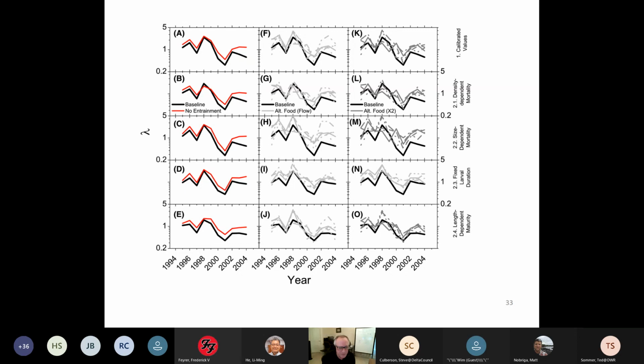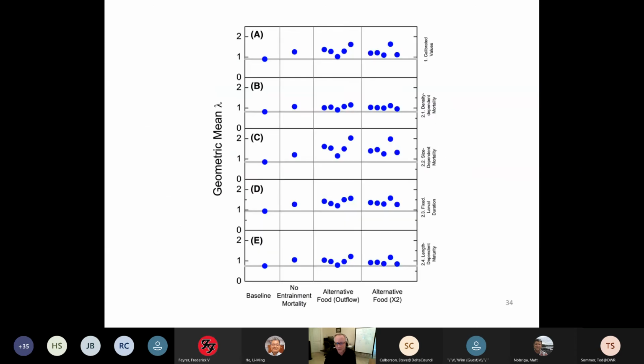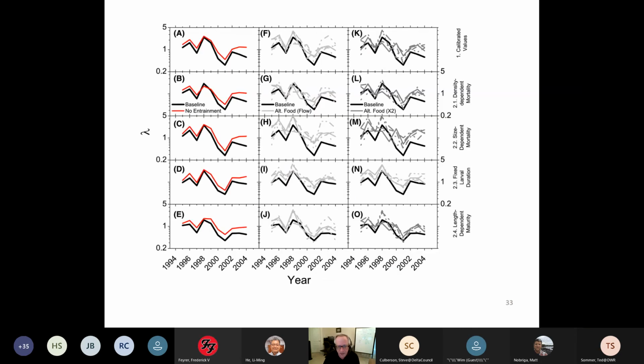The leftmost is when you turn off entrainment mortality completely, and the red line bumps up compared to when you have entrainment mortality. The middle one is based on outflow, and the right one's based on X2, and that's why there's 5 dotted lines, because we weren't sure exactly which year to go. So you can see the effects, and you can summarize it like I showed you this figure before with the geometric mean of these lambdas.